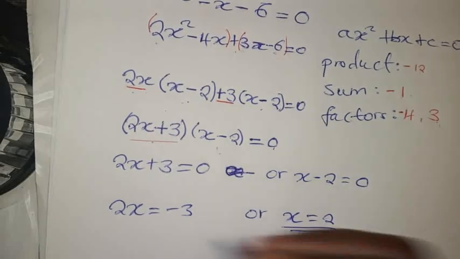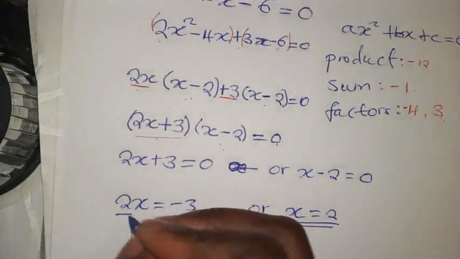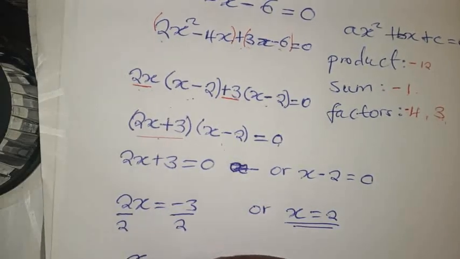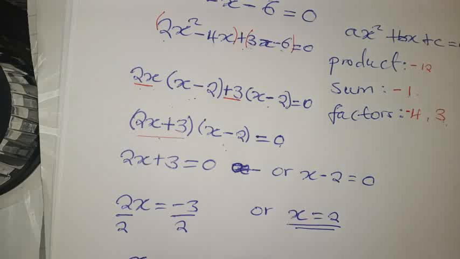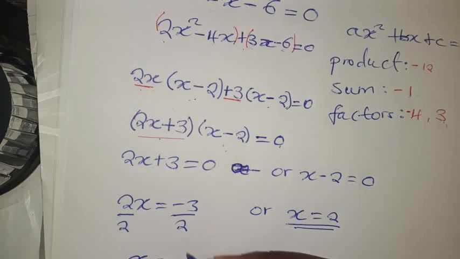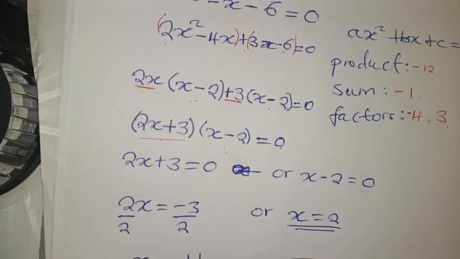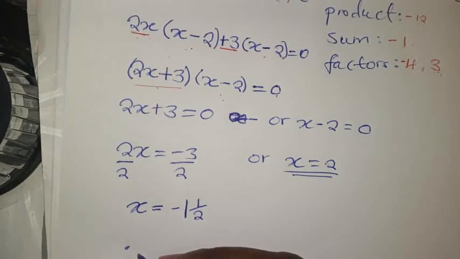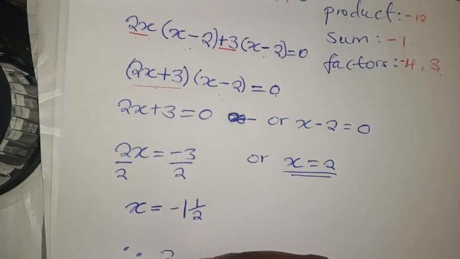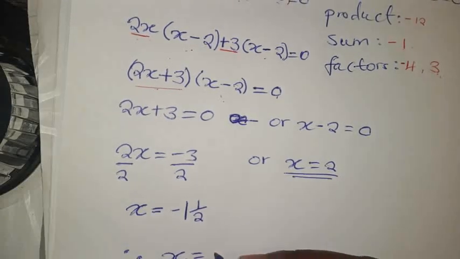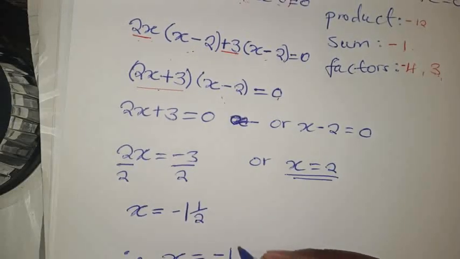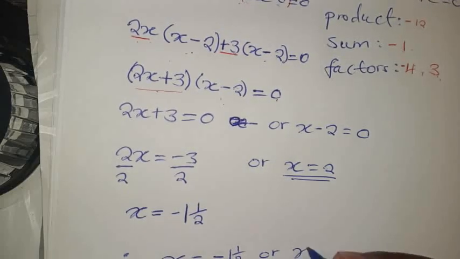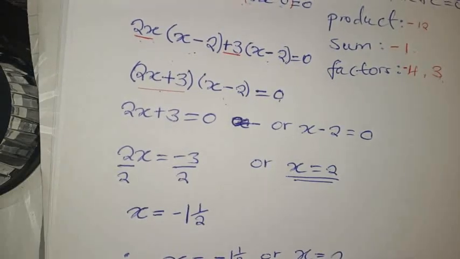Now here we are done, but this side we're not yet done. Divide by 2, divide also here by 2. We can see that x will therefore be equal to negative 1 1/2. Therefore x is equal to negative 1 1/2, or x is equal to positive 2.